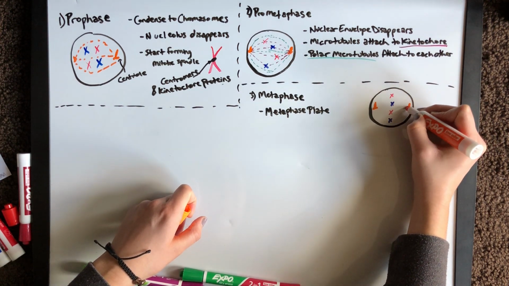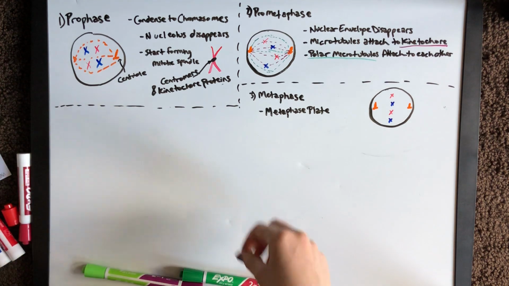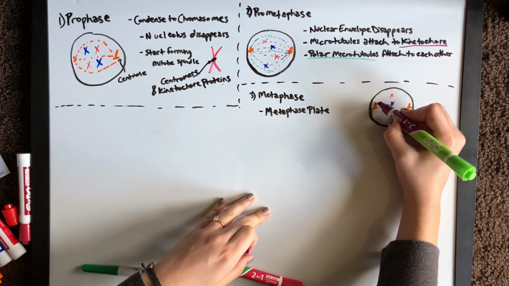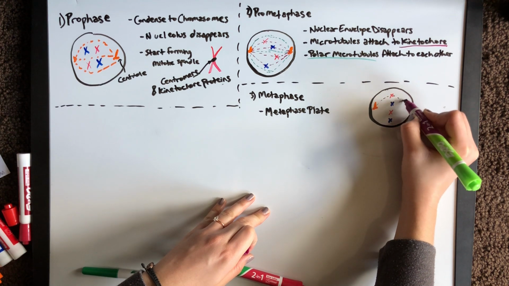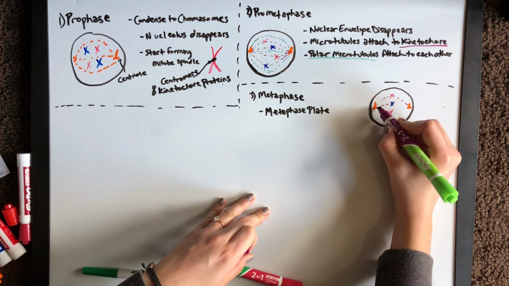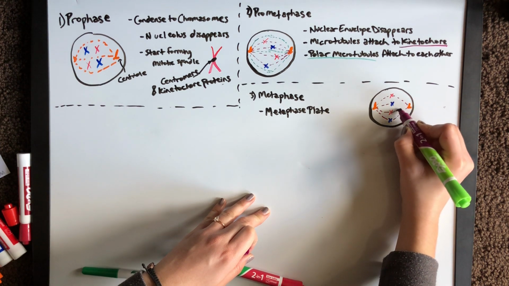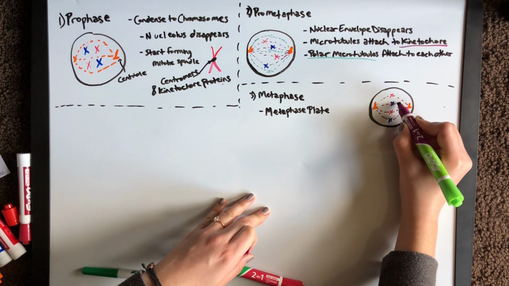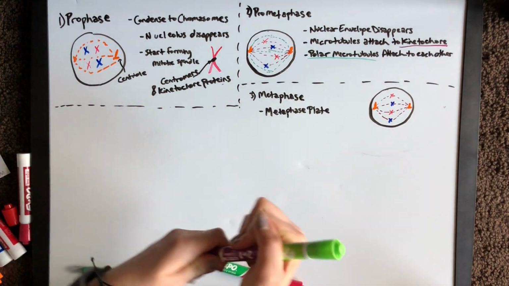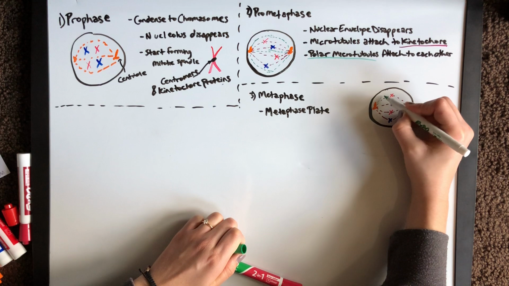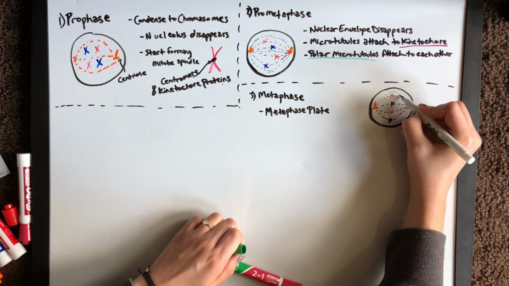Our little centrioles. And then we had our kinetochore microtubules attaching to the chromosomes, and those polar microtubules attaching to each other.